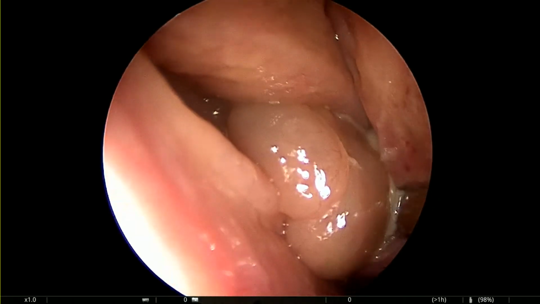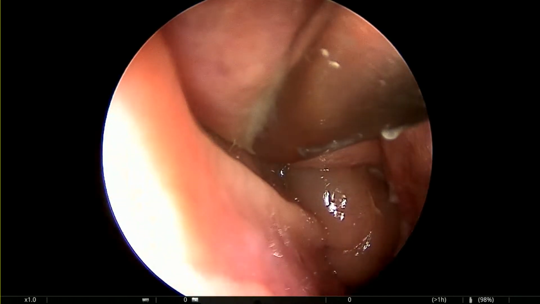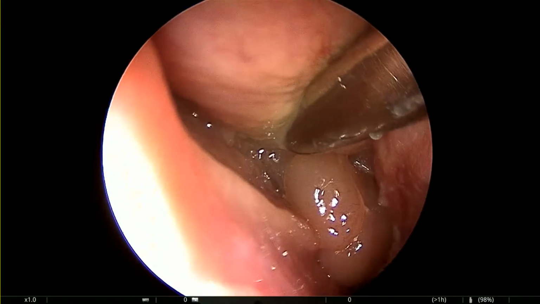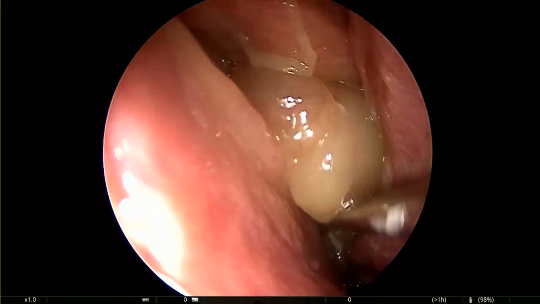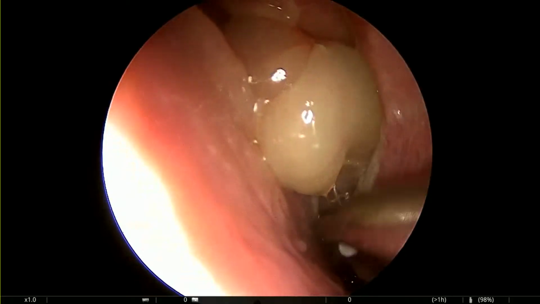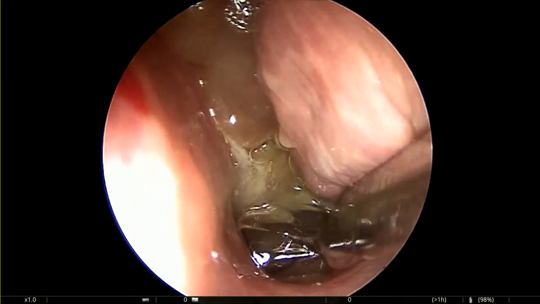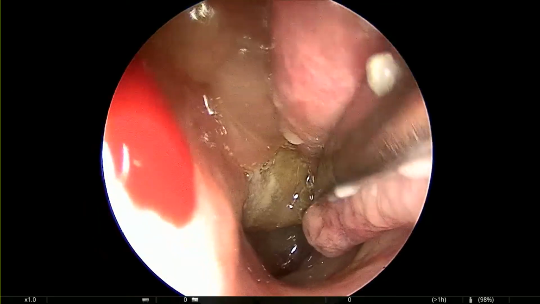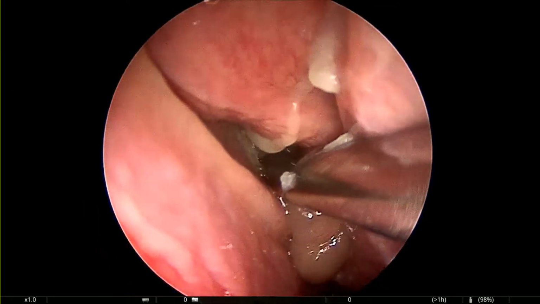It is surrounded by pus, explaining why probably this woman suffered from cephalalgia. We have completely blocked the cavum, not completely, but almost. You don't have the characteristic of inverted papilloma.